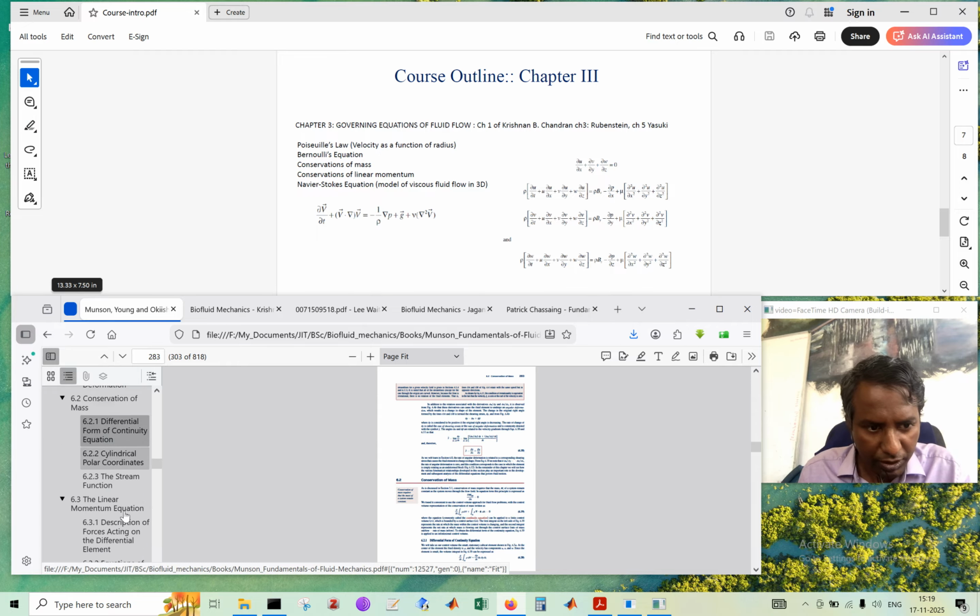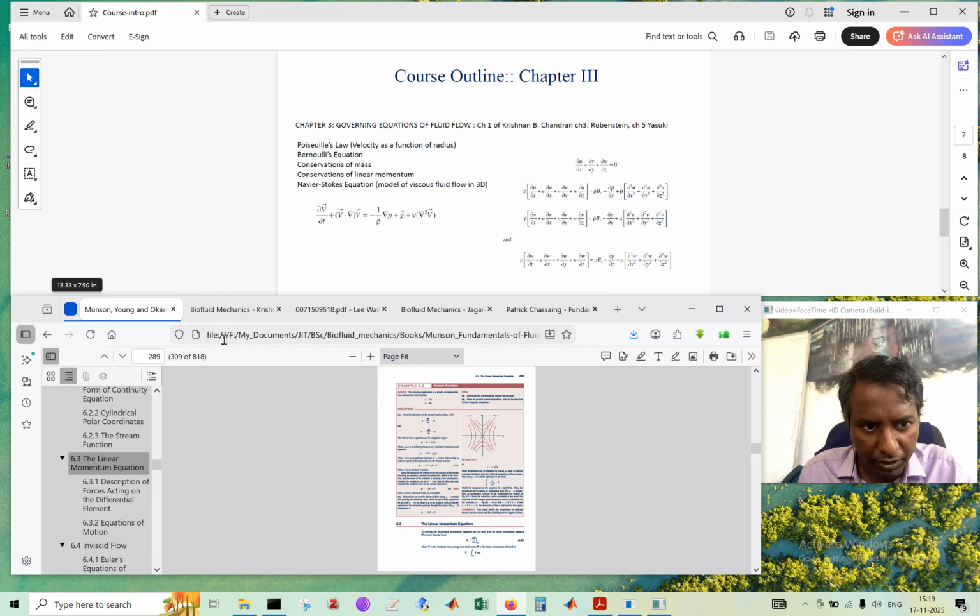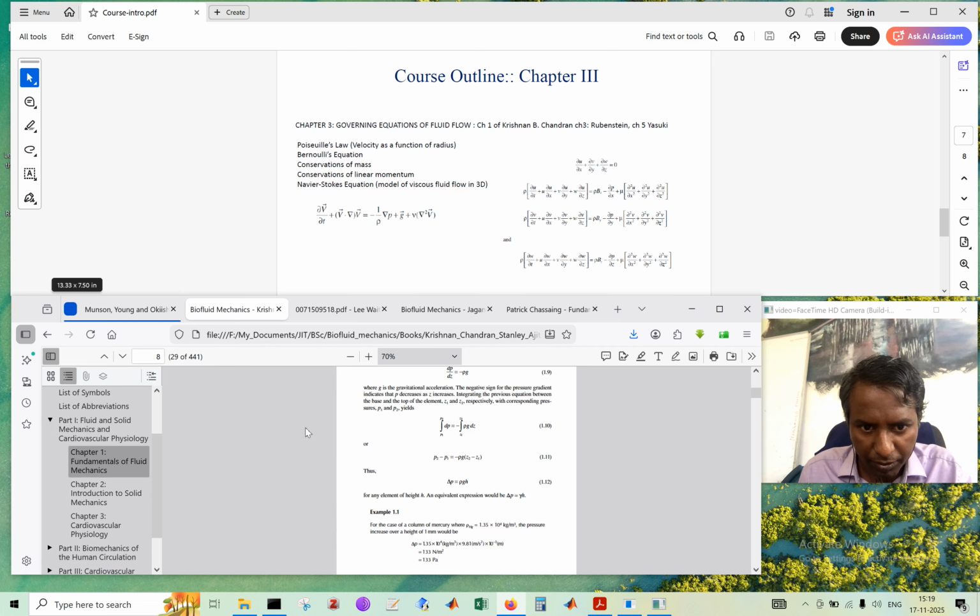Once we have the linear momentum equation, it is precisely given in this book by Krishnan.